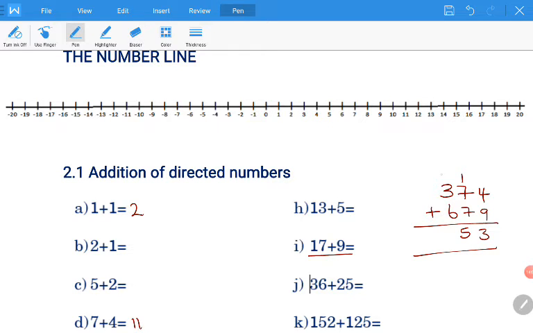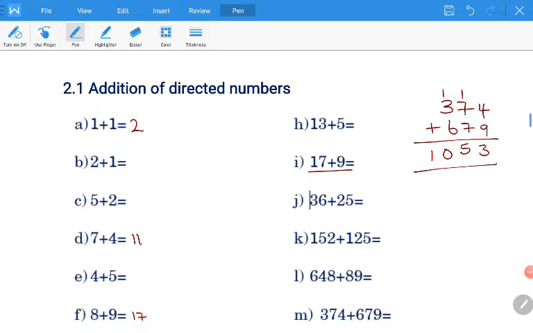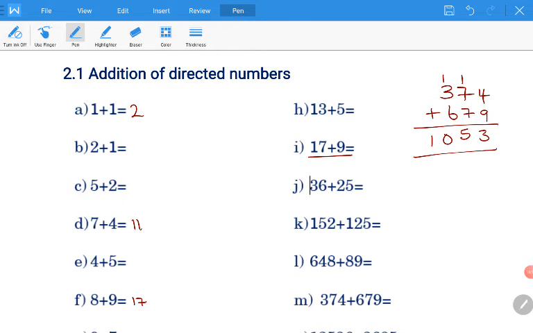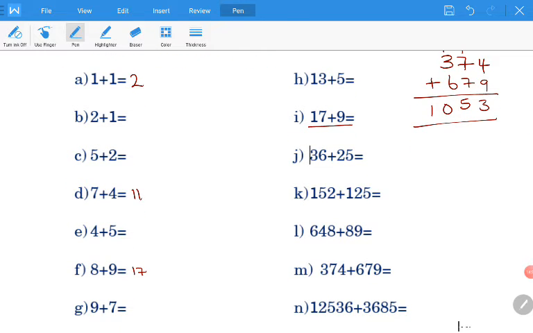So it's 5. Then we carry 1. Then 1 plus 3 plus 6, that's 10. So 374 plus 679 will give us 1053.